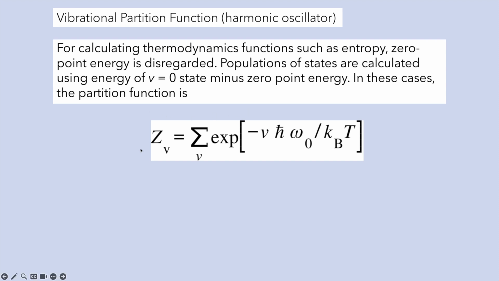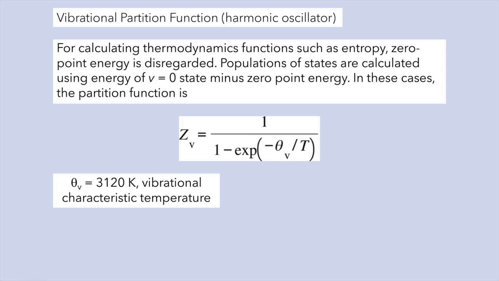The partition function will be defined here for a harmonic oscillator without zero-point energy, which converges on a nice value, 1 over 1 minus the exponent of minus theta v over T. Theta v, the vibrational characteristic temperature, is a very large number for CO. And we'll see the implications of that in just a moment.